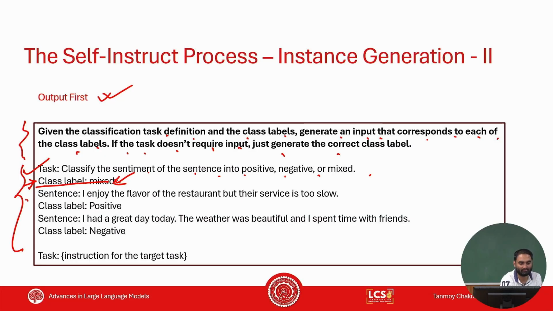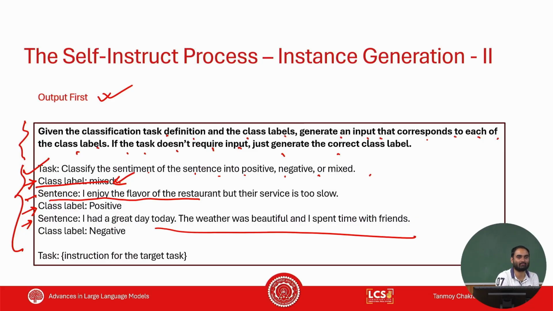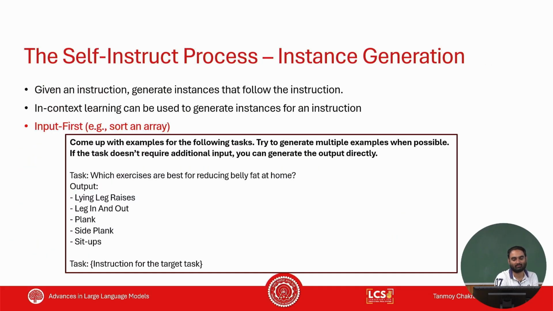Now this is your sentence: I enjoy the flavor of the restaurant, but the service is too slow. Then your class is positive, and you ask the model to generate a sentence of positive sentiment. This is called an output-first prompt. Why? Because you first write the output and you ask the model to generate the corresponding instance.